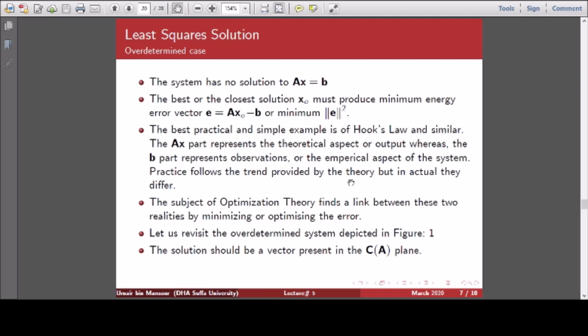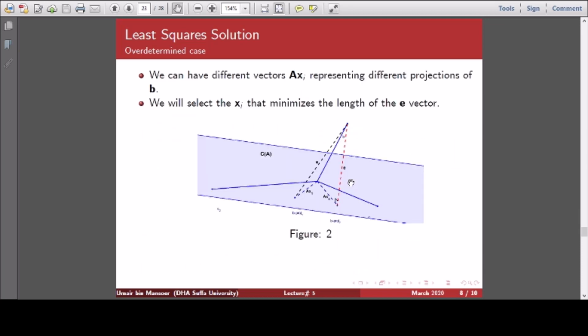So in our case, the b vector, which you have seen before, does not lie in the column space of A. So any solution x must produce a vector Ax that is in the column space.